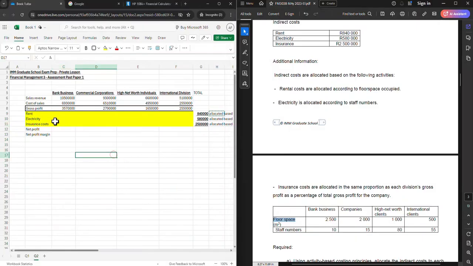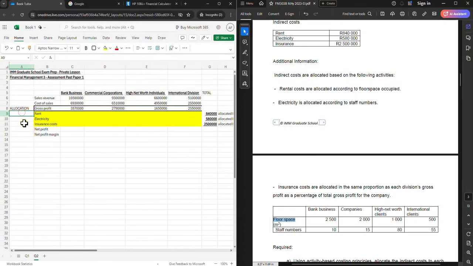So let's do the working for rent. We need to add up the total floor space. I'm just going to add a column here. Just put allocation, just to write down the total. What is the total? Floor space, 2,500 plus 2,000 plus 1,000 plus 500 gives you 6,000 square meters.